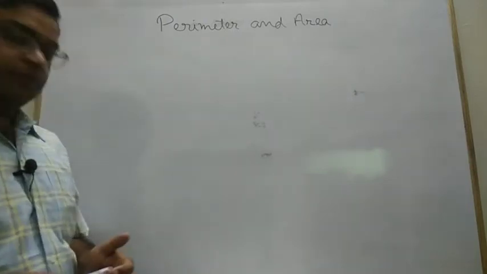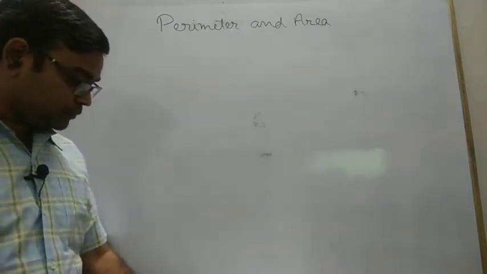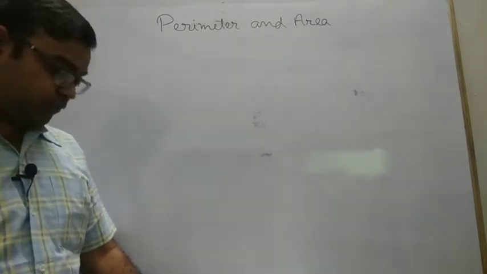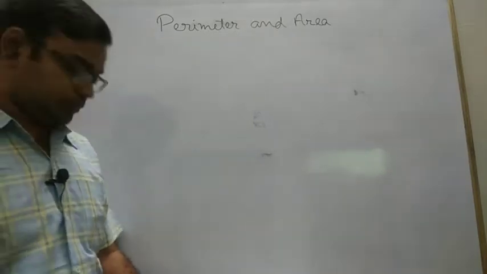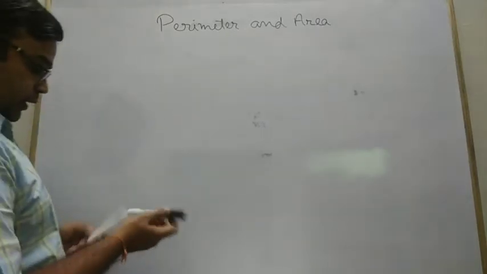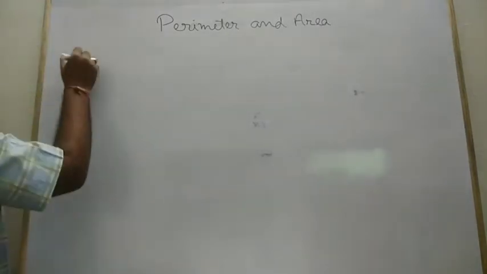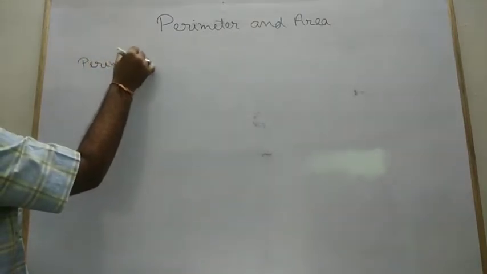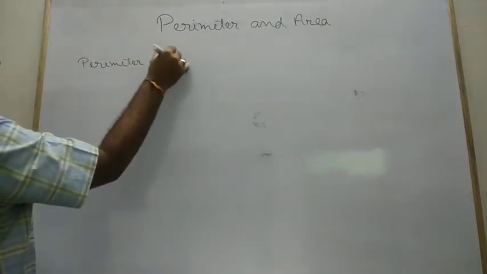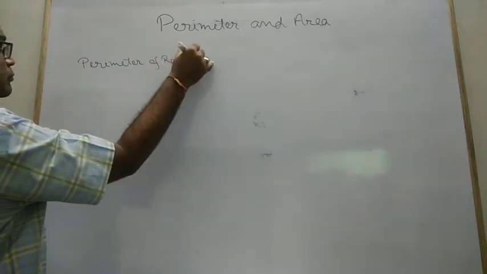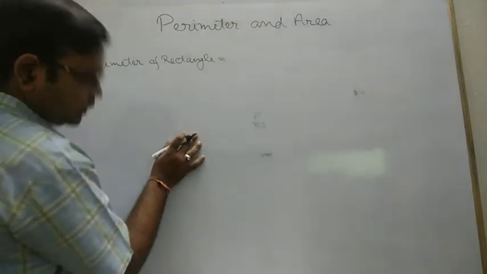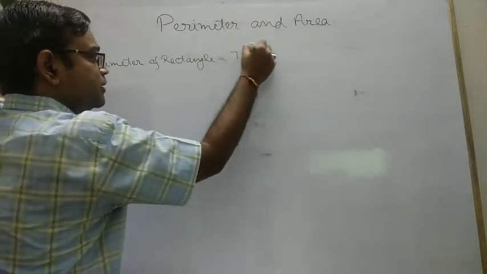Now the next question is, the perimeter of a rectangle is given to you, and it is also given that length is 3 times the width. Find the area of the rectangle. Easiest question. Here the perimeter of the rectangle is given, exactly 72 centimeters.